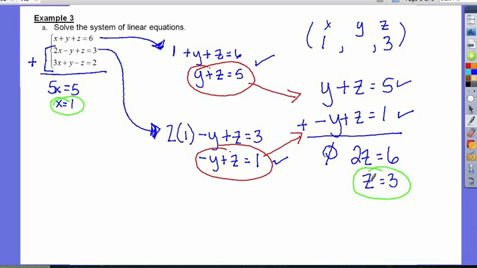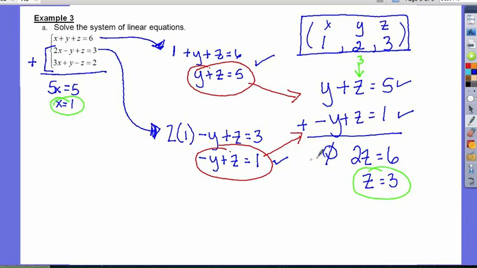How about right here? If z is 3, y plus 3 equals 5, so y's got to be 2. So there's our solution right there. It happens to be 1, 2, and 3.